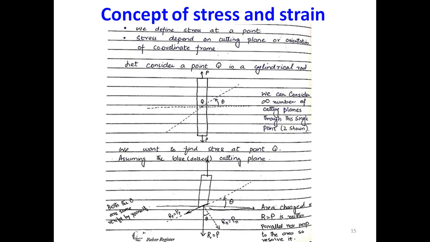It only depends upon which cutting plane or coordinate frame you take for your convenience. Remember that stress is such a concept that its value depends upon the cutting plane. If we change the cutting plane, the stress values would change. In this cutting plane the stress value would be different. However, when we take this cutting plane, the stress value would be different. Both would be correct.